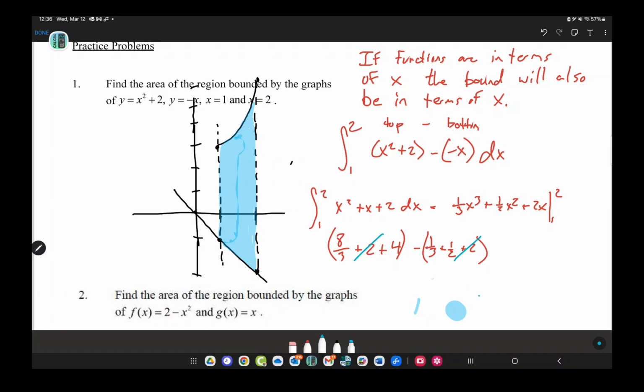Not much else I can do. So this is going to give me 20 over 3 minus 5/6. So it's going to be 40 over 6 minus 5 over 6, 35 over 6.